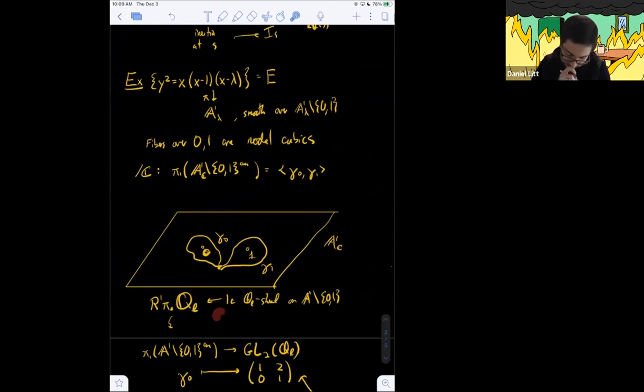Okay, so in our example, it's slightly misleading because R^2 pi lower star QL is also constant because all of the fibers have one-dimensional H2. All the fibers are irreducible. But you can see that need not happen. Sorry, that's not quite true for a Lefschetz fibration.